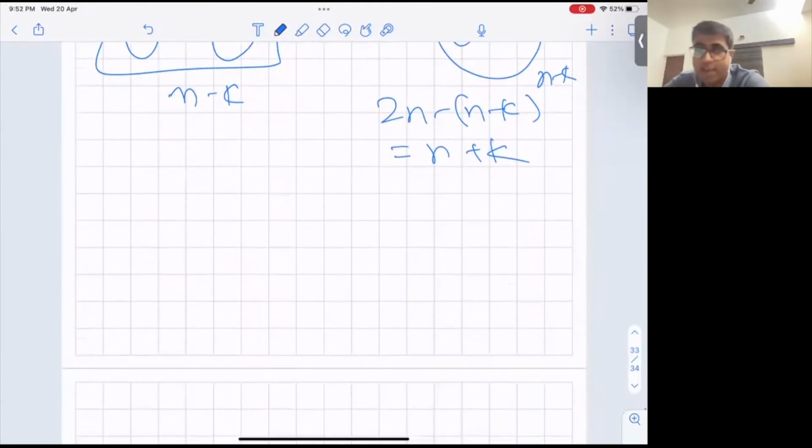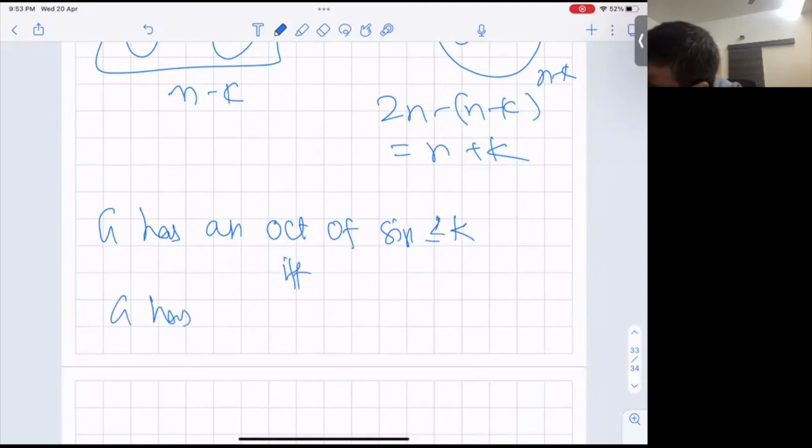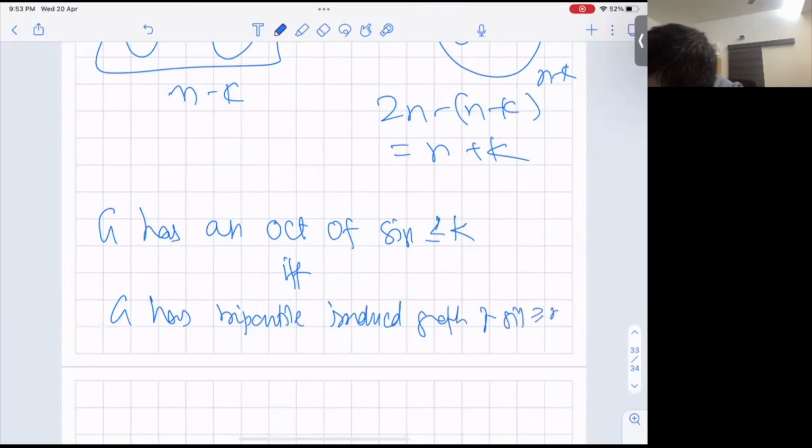Now write: G has an OCT of size at most k if and only if G has a bipartite induced subgraph of size at least n minus k. Is this statement fine? Yes.